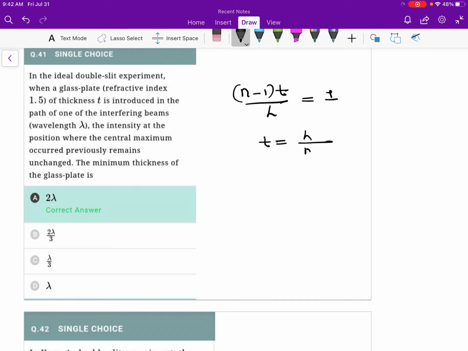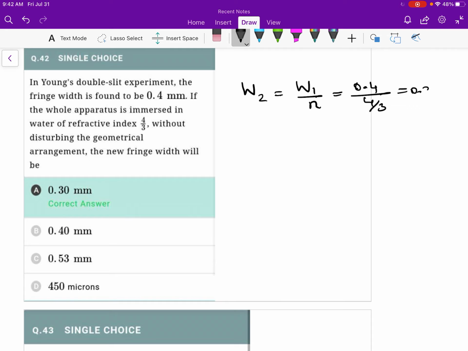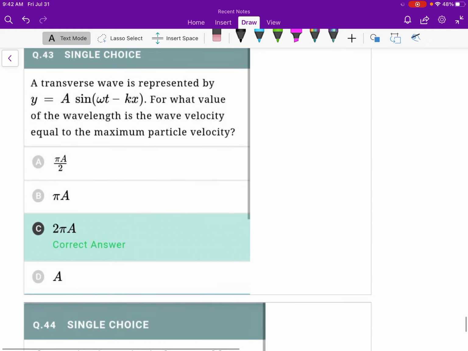So the minimum thickness T minimum is lambda upon n minus 1, that is 2 lambda. Now YDSE when it is submerged in water, so W2 is W1 upon refractive index n, so that is 0.4 upon 4 by 3, which is 0.3 mm. So A is the correct option.